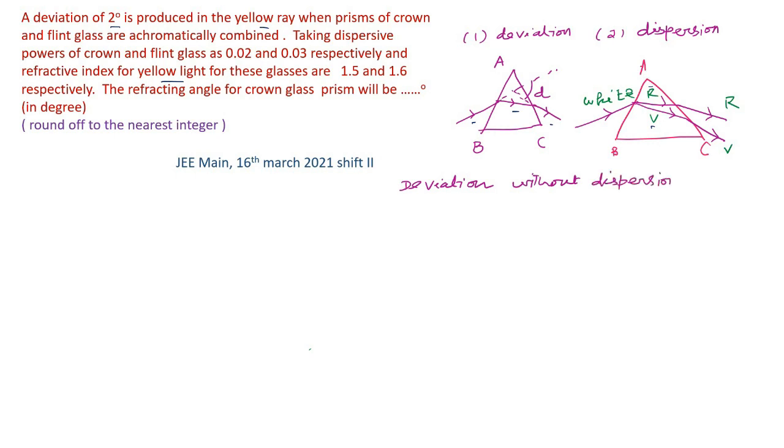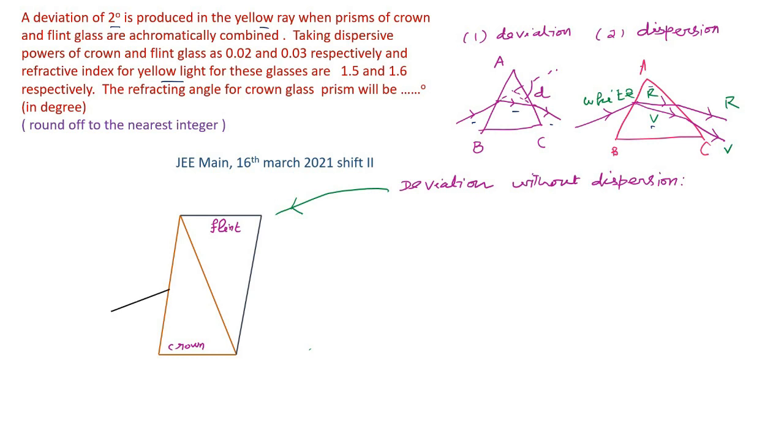If you want to draw the diagram, it will be like this: a prism, crown glass, another prism, flint glass. The prisms are kept one inverted with respect to the other, in contact. So flint glass is kept inverted with respect to the crown glass.